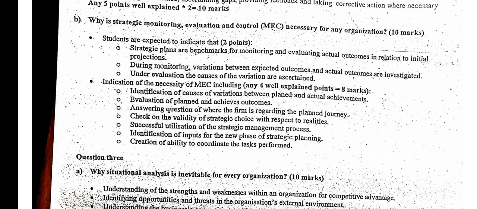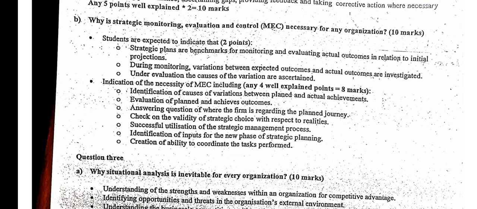They're asking for the importance of strategic monitoring, evaluation, and control. Students are expected to indicate strategic plans are benchmarks for monitoring and evaluating actual outcomes in relation to the initial projects.